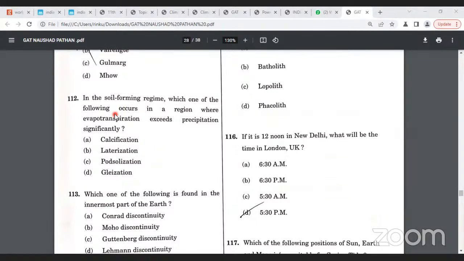Because of the extreme heat and the loss of water, mineral materials, especially calcites, are carried by capillary action to the surface or upper horizons of the soil, and they are hardened into proper hard pans. Proper calcification of the soil happens. So you are looking at calcification. That should be your answer, option A.